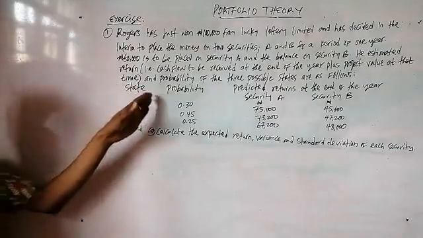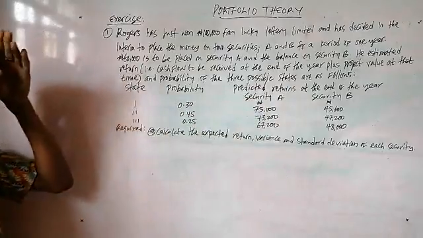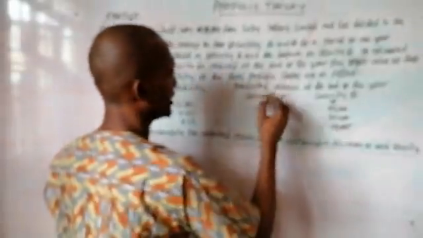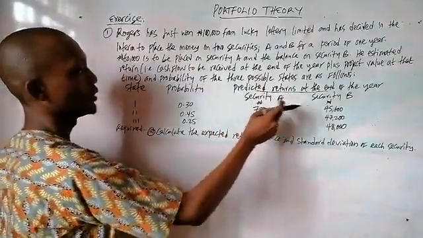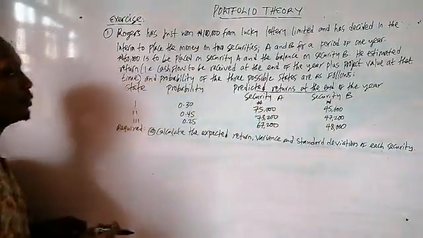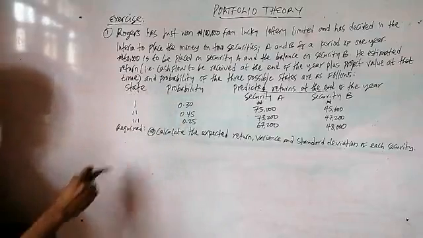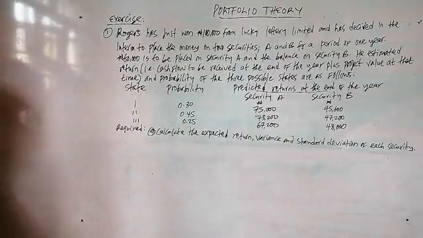So we have states, we have probability, we have projected return at the end of the year, for security A or security B. So these are the probabilities attached, and these are the states for each of these securities.